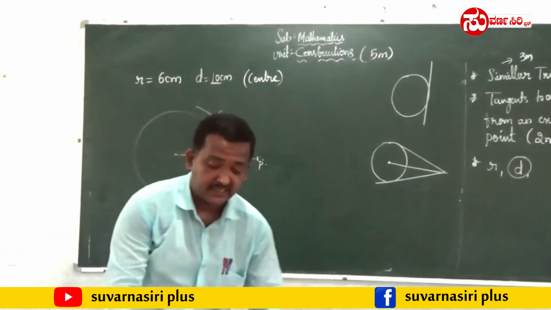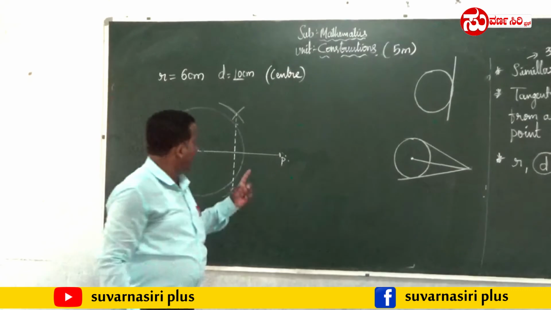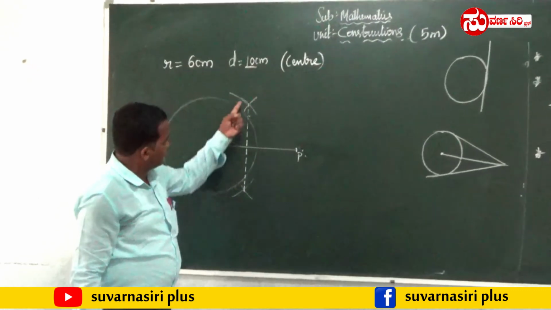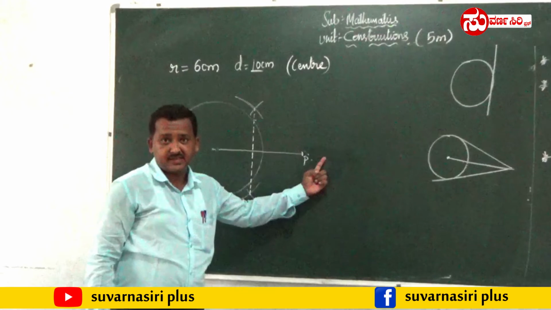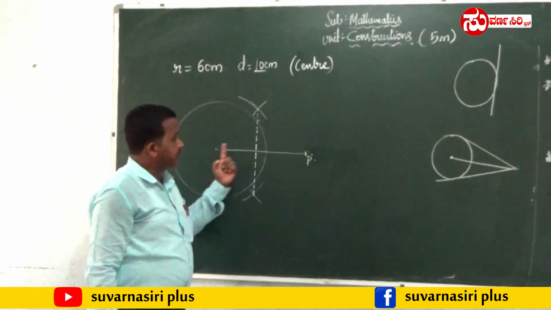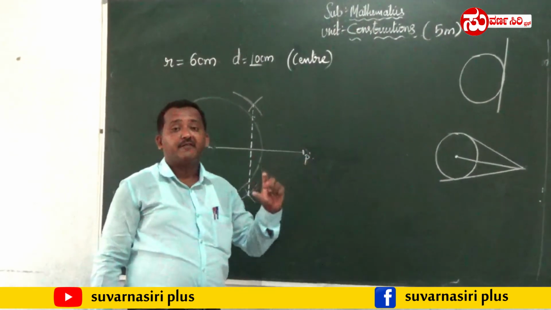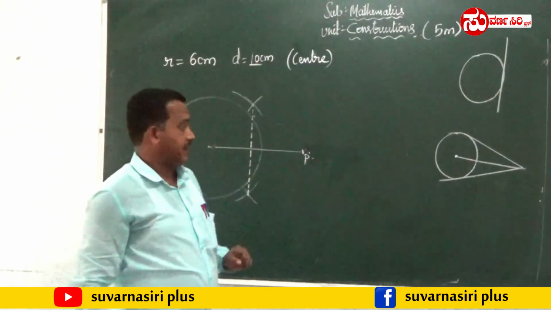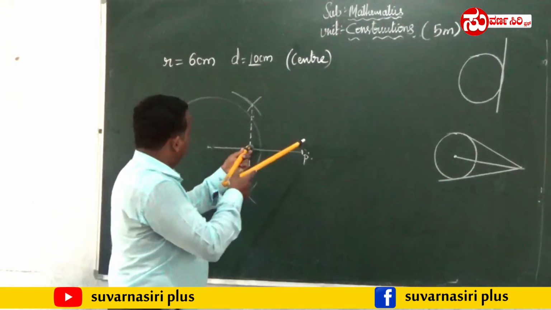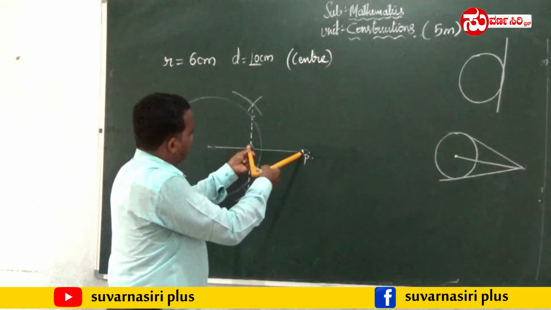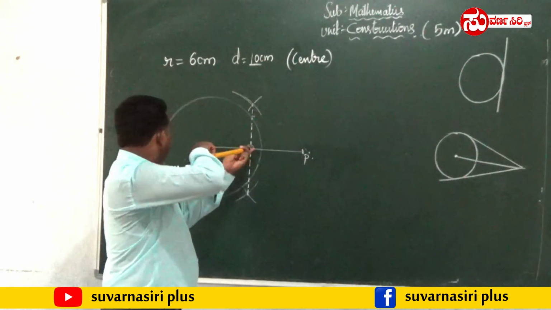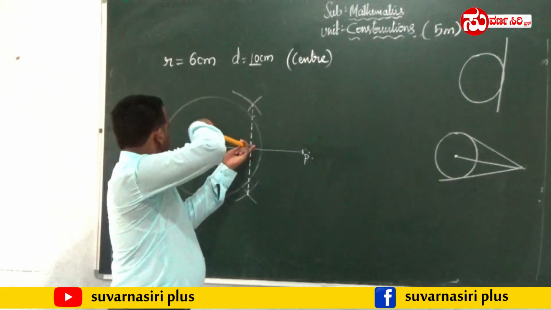So what we did here, just with the help of these intersecting arcs and the line joining, we got the midpoint of the distance from the center to the external point. Then from that midpoint, we should take the distance to the point P. Then we should draw a circle.